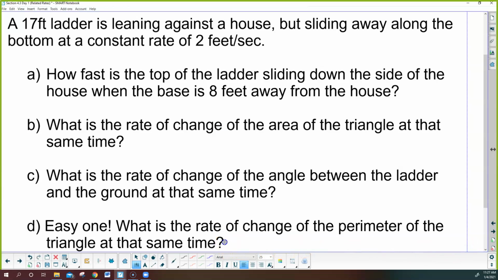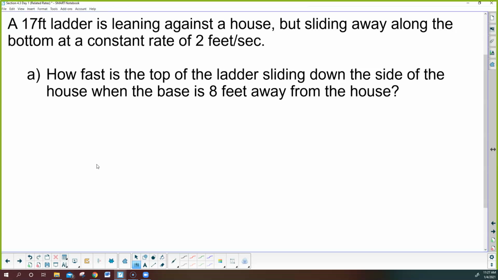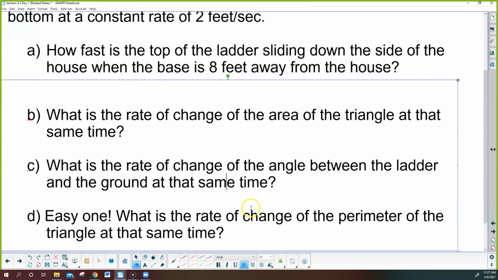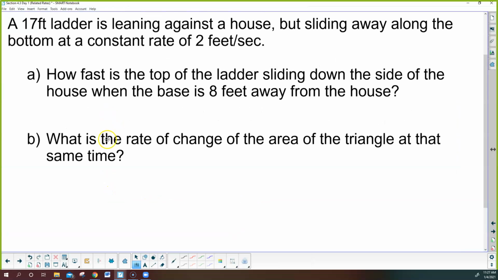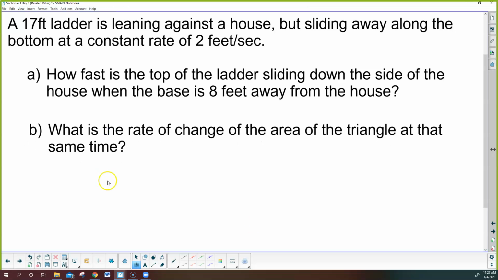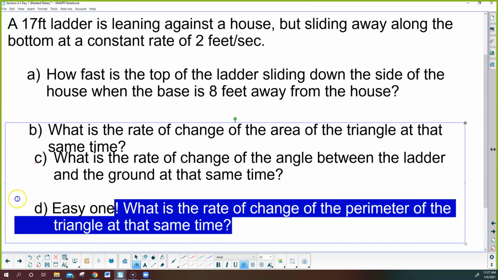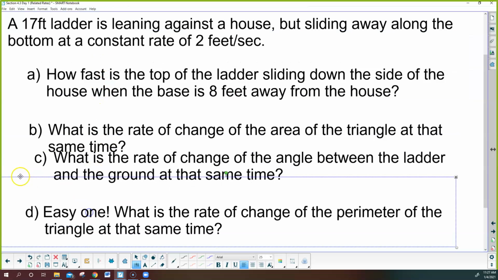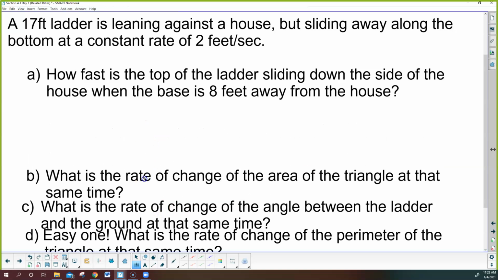So go ahead and write this down. Just write part A. Oh, sorry. I thought this was copied a little bit differently. And we really have 4 problems in one, but we're going to do them one at a time.